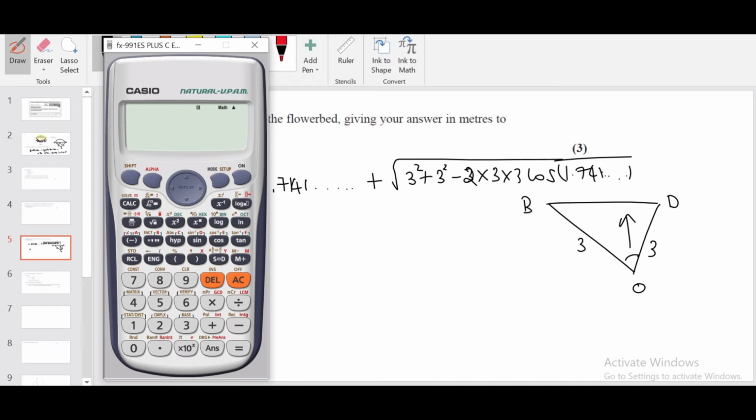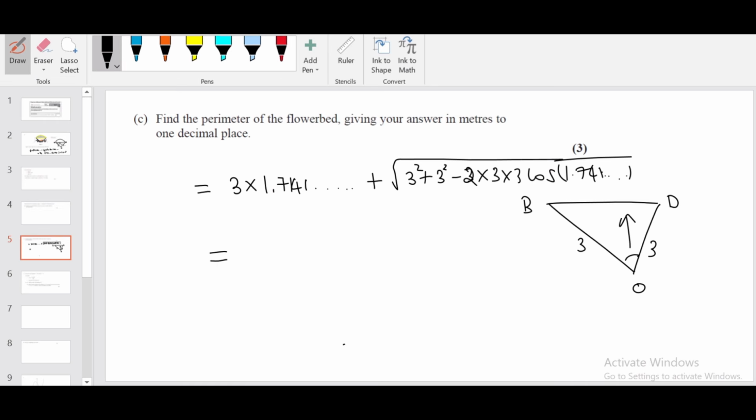It's going to be 3 times the angle I have stored as A, plus the square root of 3 squared plus 3 squared, which is 18, minus 2 times 9, which is also 18, cos A, close the bracket. So you get the answer 9.8 something, but they want the answer to 1 decimal place, so 9.8 meter.